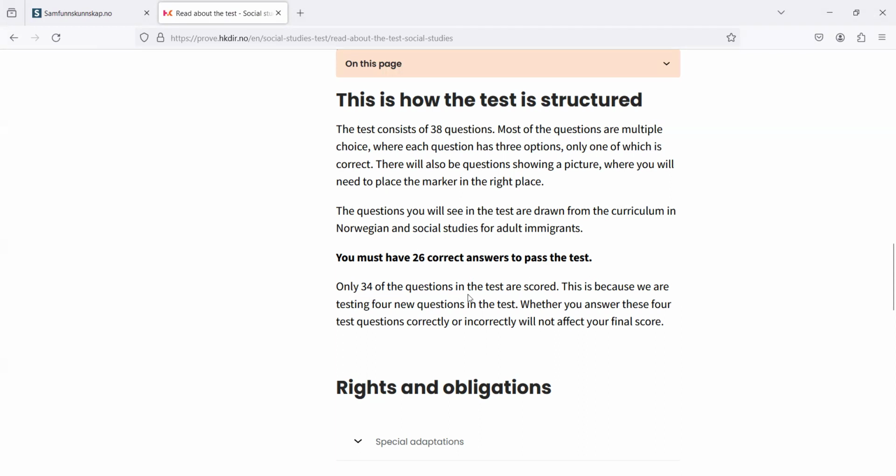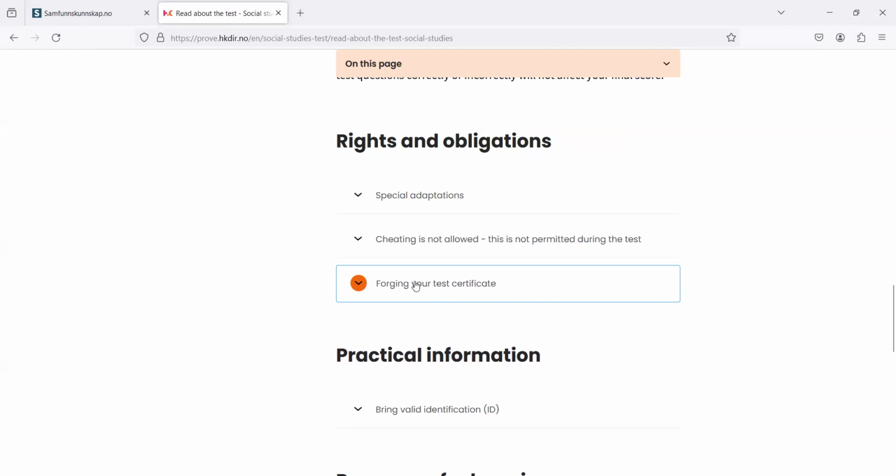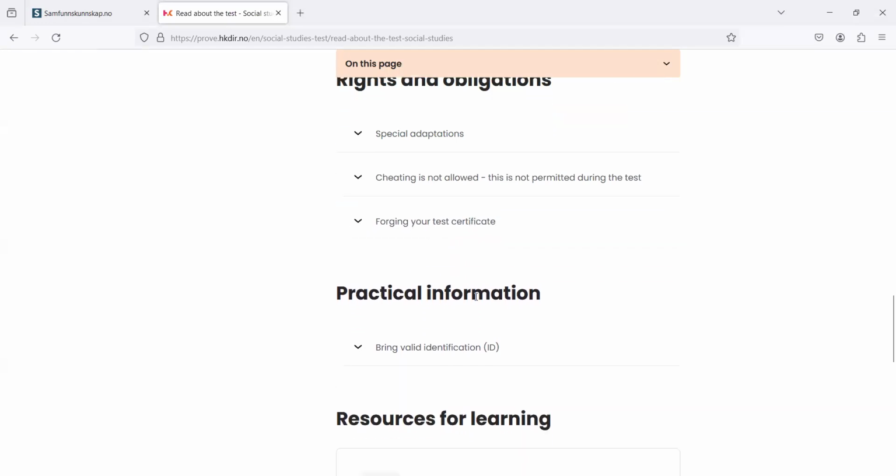Only 34 of the questions in the test are scored. This is because we are testing 4 new questions in that test. Whether you answer these 4 test questions correctly or incorrectly will not affect your final score. There are also some rights and obligations regarding cheating and fake documents.